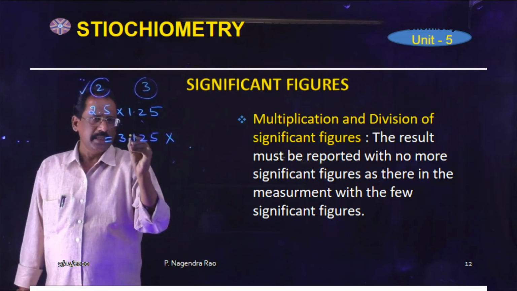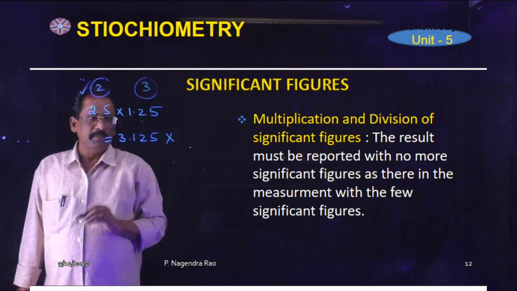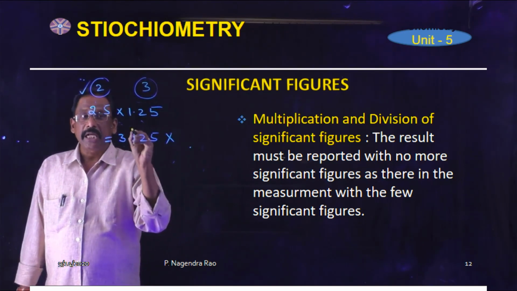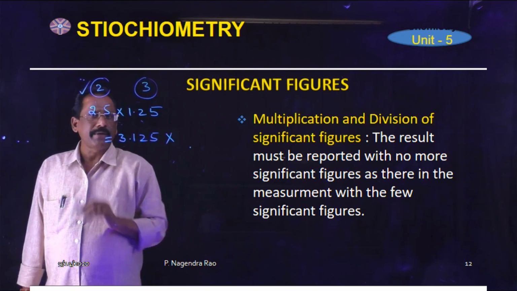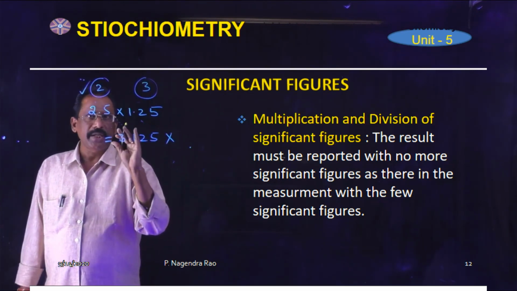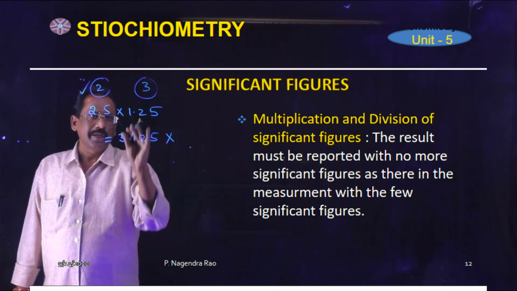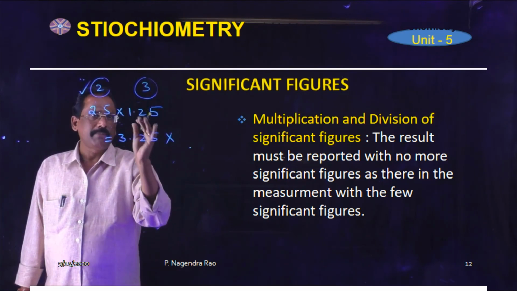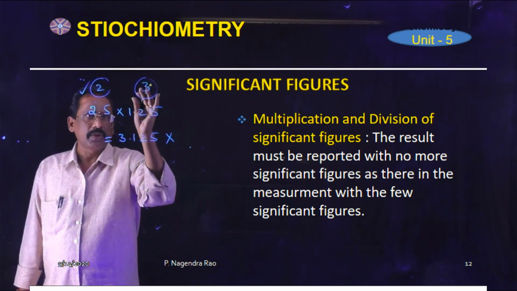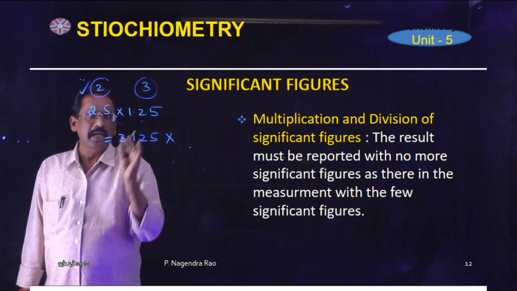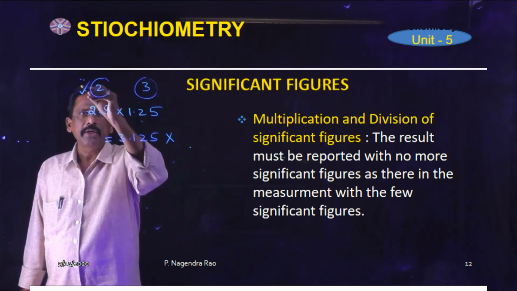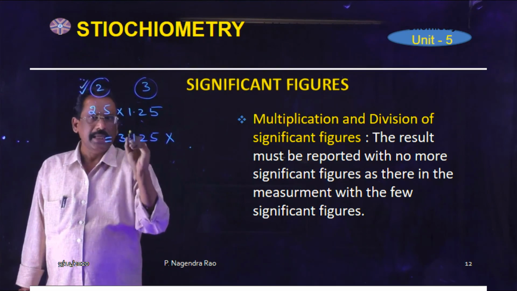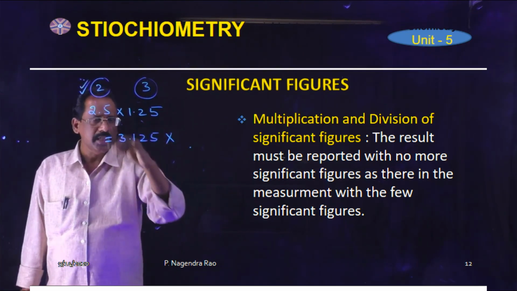That means in our answer 3.125, the number of significant figures is equal to 4. But in 2.5, the number of significant figures is equal to 2. In 1.25, the number of significant figures is equal to 3. Now the final answer should contain only 2 significant figures. Here there are 4 significant figures.